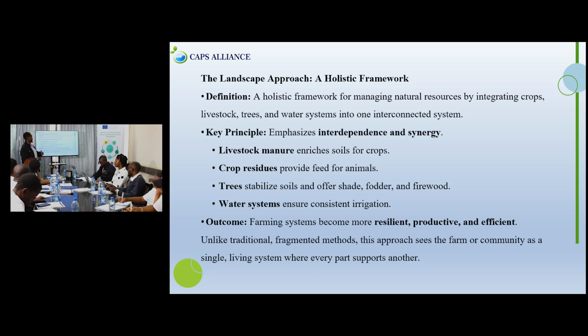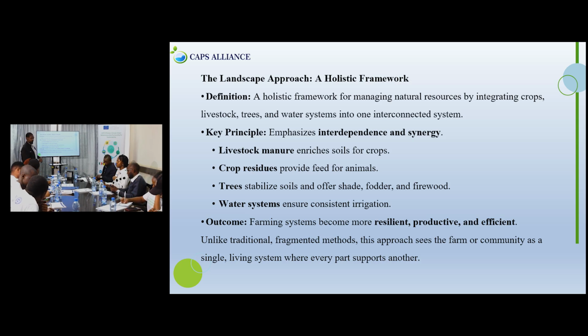In order to have smart energy, smart water resources, or water harvesting, and smart agriculture for food security and food production, all these three are connected. But at the baseline, we must have water resources which are well managed. We need to have soil resources which are also well managed. So the outcome of such farming systems becomes more resilient, productive, and efficient.